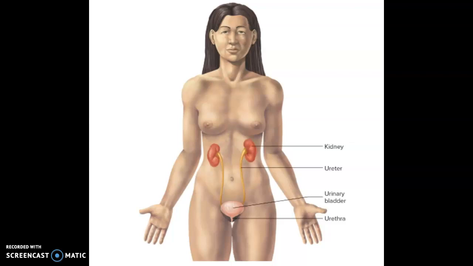These include two kidneys located in the abdominal cavity, two ureters, these hoses conducting the urine from the kidneys to the urinary bladder, then one urinary bladder, and a final conduit to eliminate the urine called the urethra. Then we have two kidneys, two ureters, one urinary bladder, and one urethra.